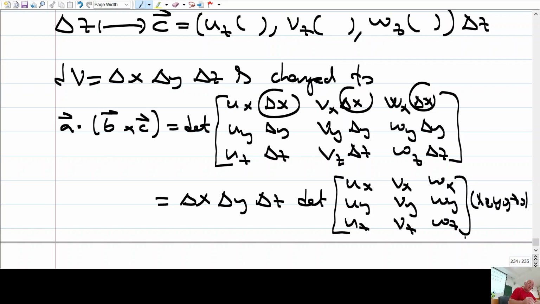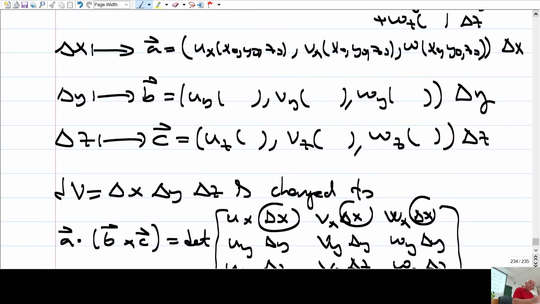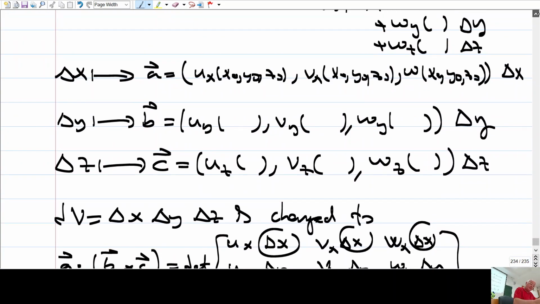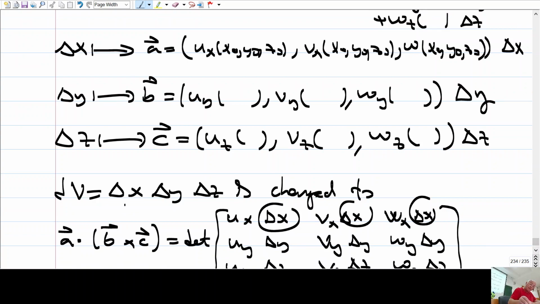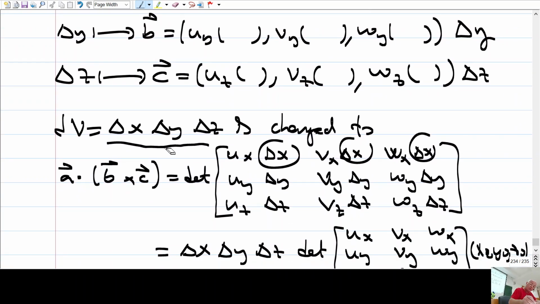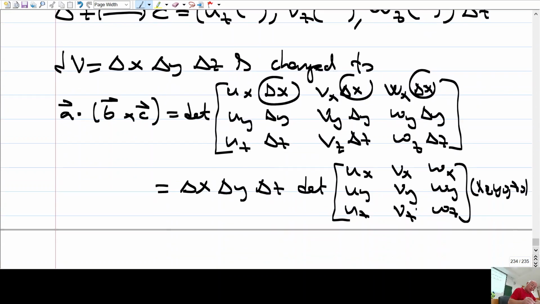Okay, so this volume, which was delta x, delta y, delta z, is changed to this thing.